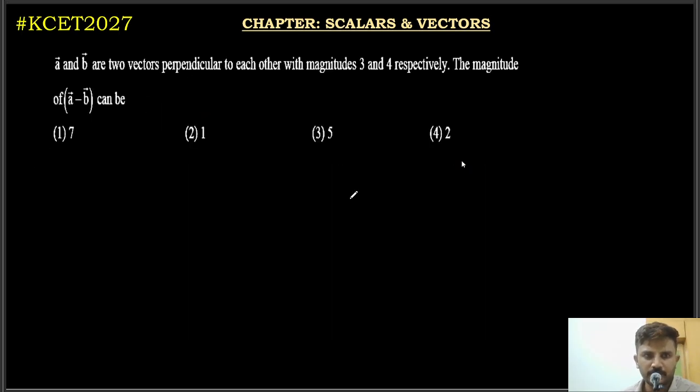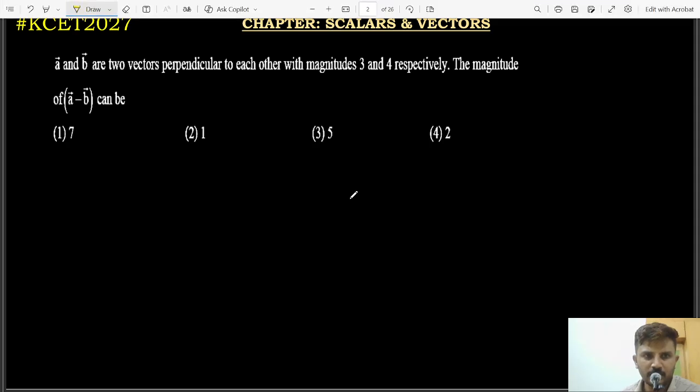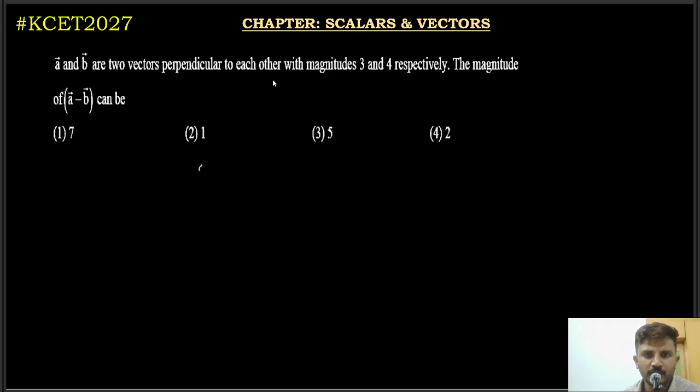Next, we have A and B, two vectors perpendicular to each other, having the magnitude 3 and 4 respectively. The magnitude of A minus B is?